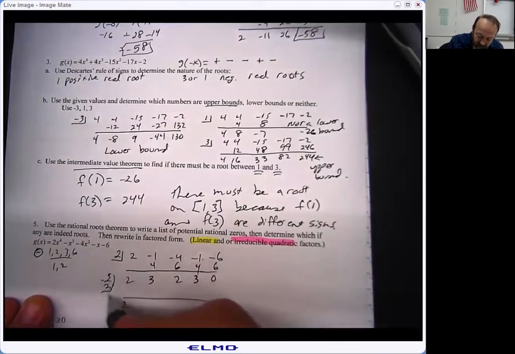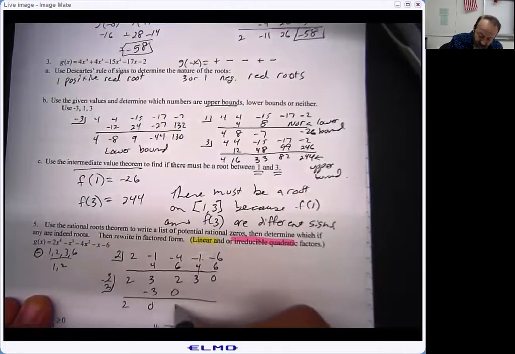So if we go through the process and start multiplying, this gives me -3, which is 0. This gives me 0, 2, and then -3 again.